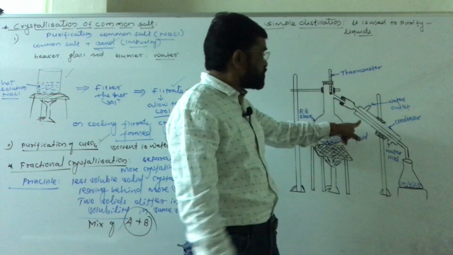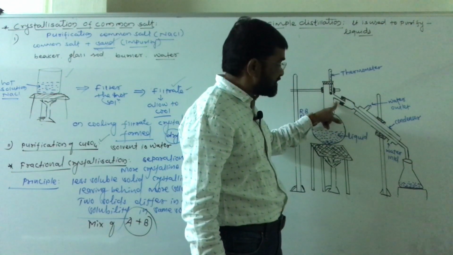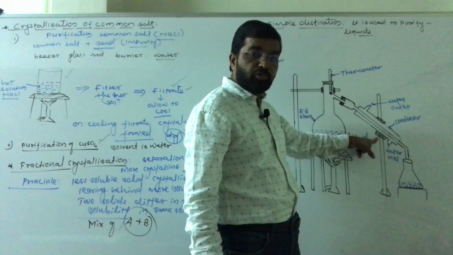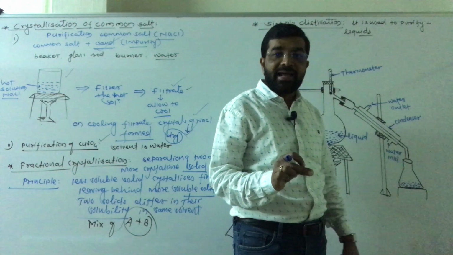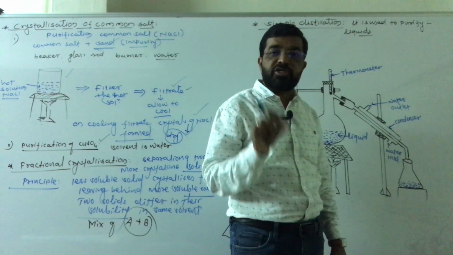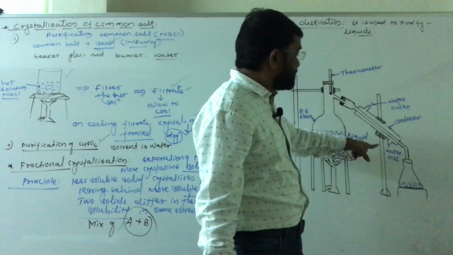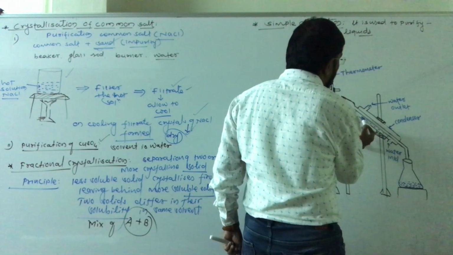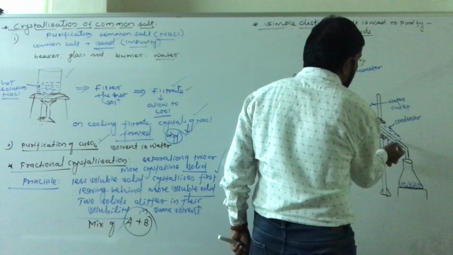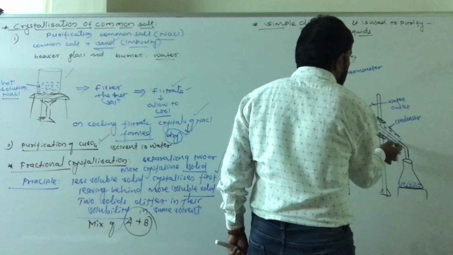This condenser is connected to the side tube of the round bottom flask, and it is fitted to the stand. And here one clean and dry receiver is used to receive the pure liquid. Now, in this condenser, from this inlet water comes inside the condenser, and from this outlet it goes outside the condenser.